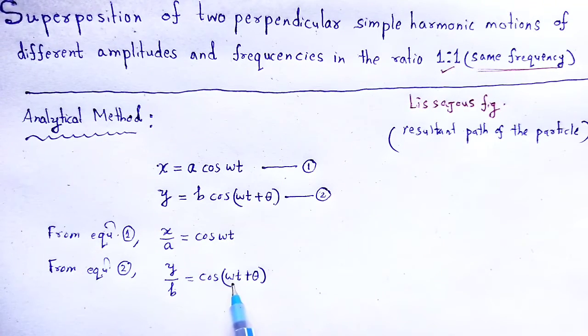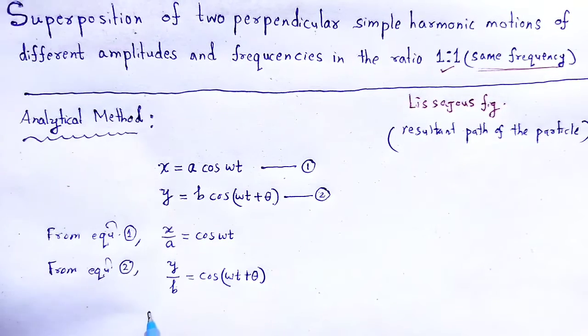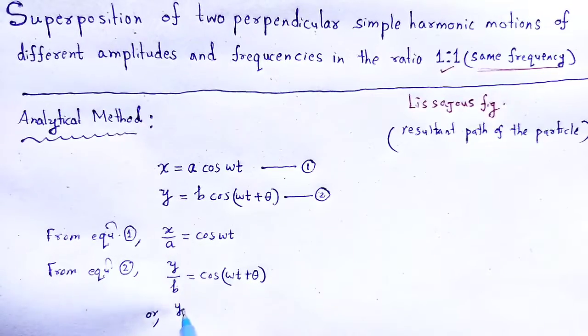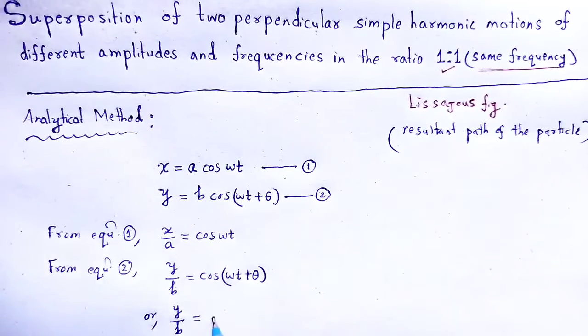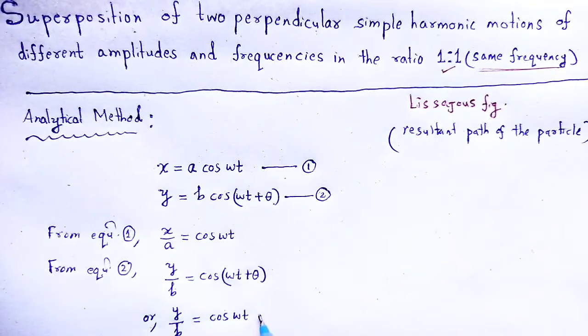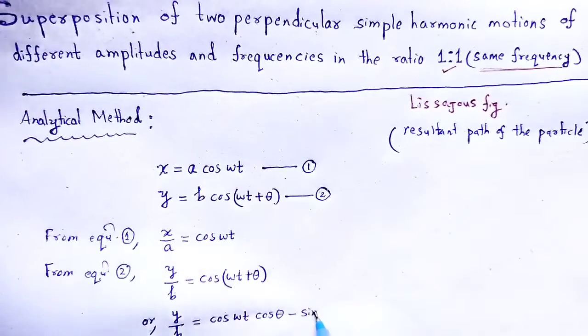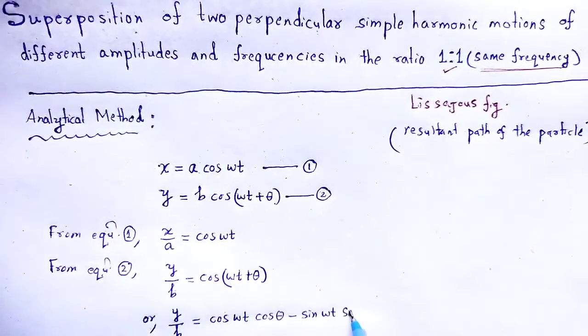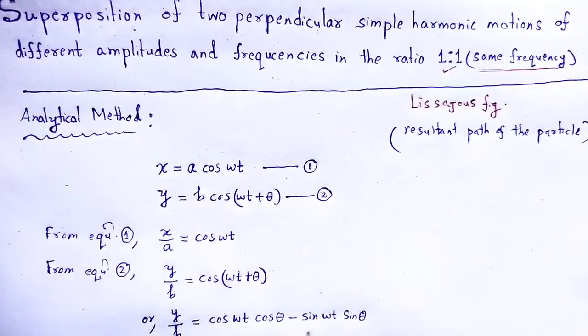Using the formula cos(a plus b) equals cos a cos b minus sin a sin b, y by b is equal to cos omega t cos theta minus sin omega t sin theta.